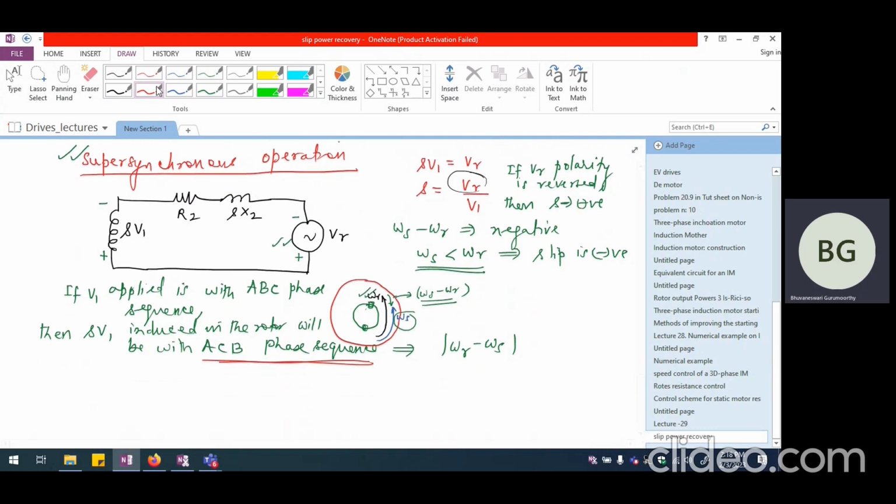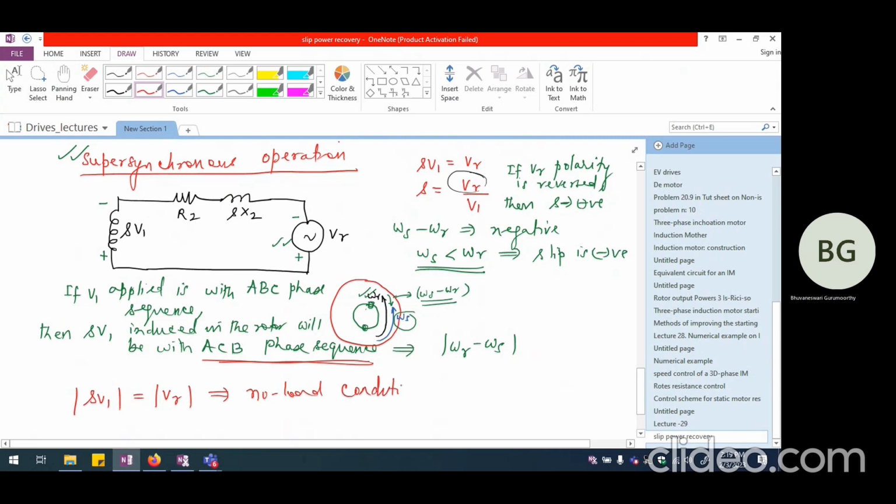If the magnitude of S times V1 equals VR, with the VR polarity being reversed, this will be the no load condition in the super-synchronous operation.